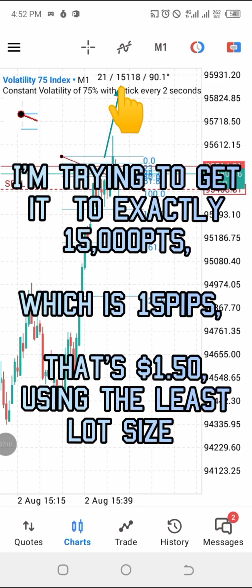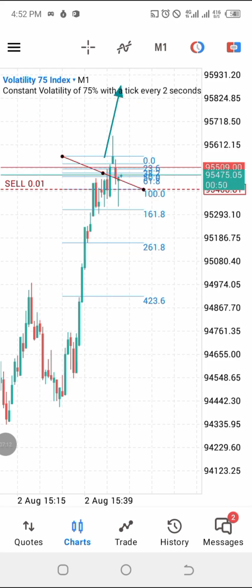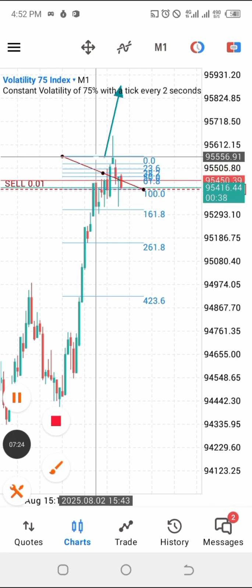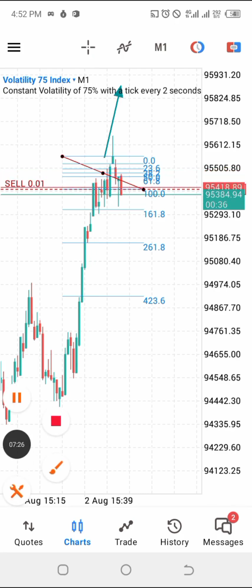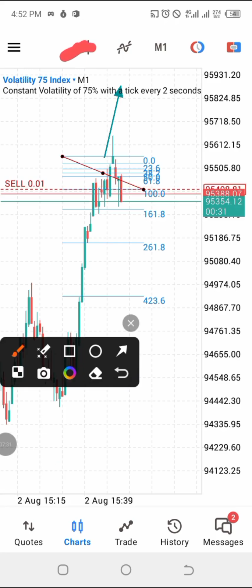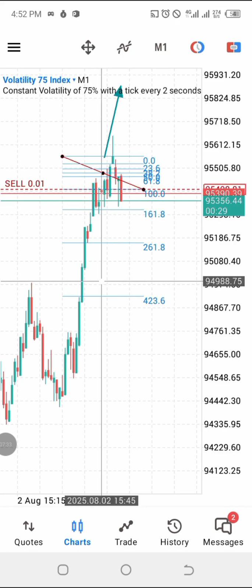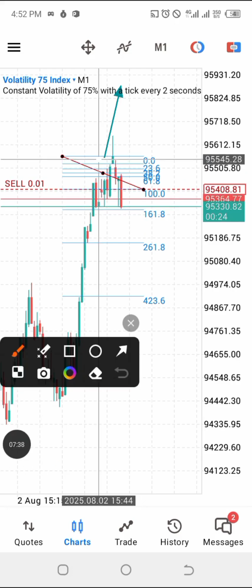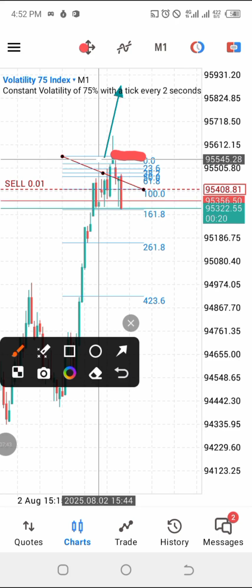So you can see it's taking time, right? Now it is at 14,900 something. That's almost 15,000, right? So this is the price. Then you get your cursor. See, I tapped here to get the cursor. You tap here to get your cursor. Tap on it. Then take this cursor up to this line now that has 0.0.